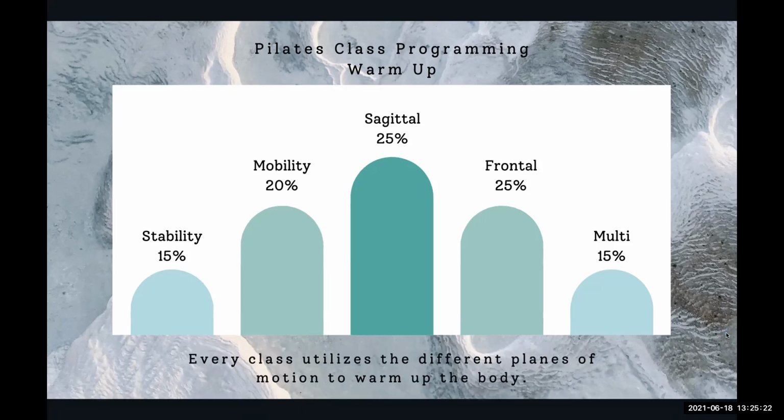Okay. So then there's another part of thinking about warm up, as we talked about some, which is talking about the different planes of the body, right? So you utilize different planes of motion and different concepts to warm up the body. This is a cycle that is going to happen multiple times throughout your class, but in particular, warming up, we start in a stable place, right?